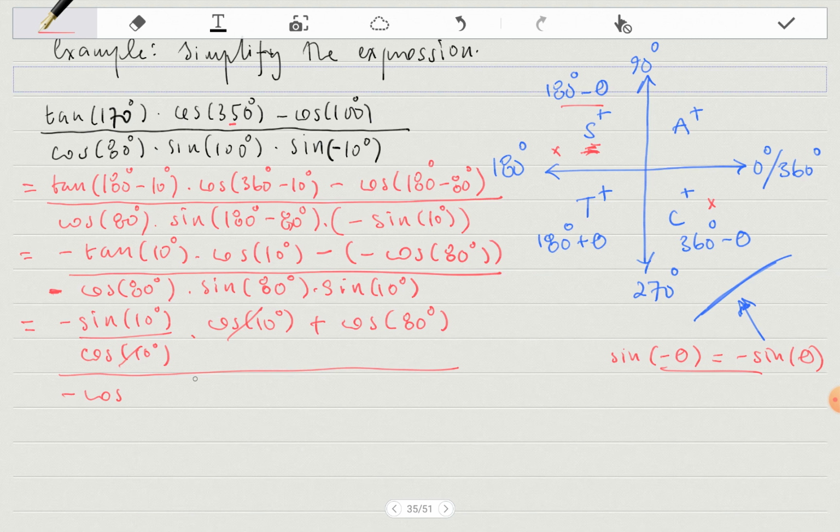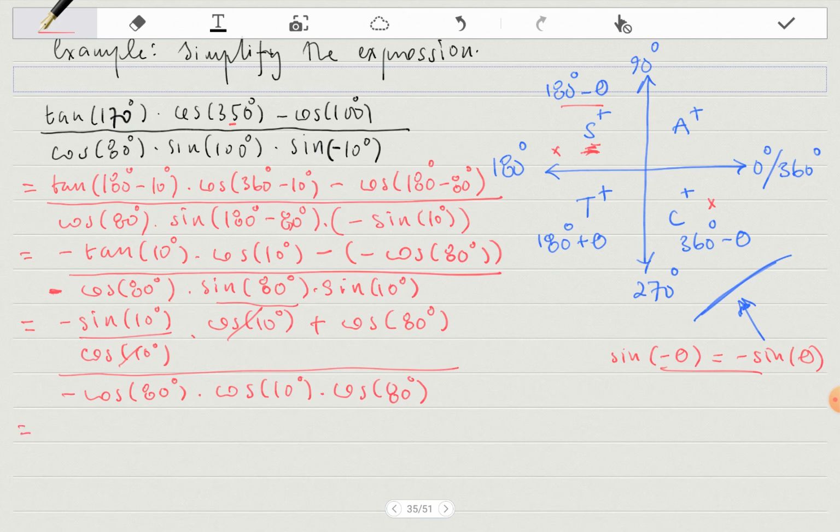Just a quick recap here on cos of 80. We know that sine of 80 is the same thing as cos of 10, and sine of 10 is the same thing as cos of 80, using our co-ratios.